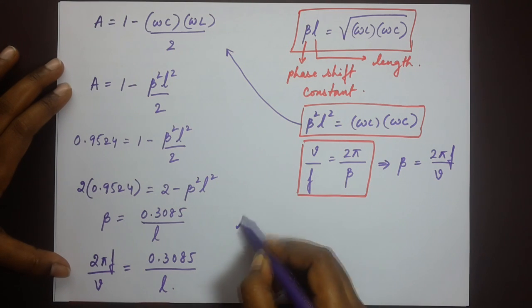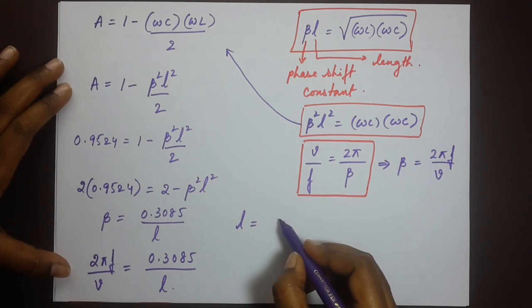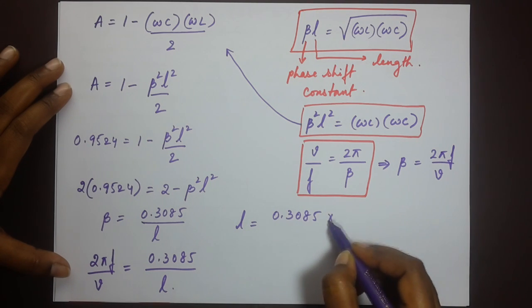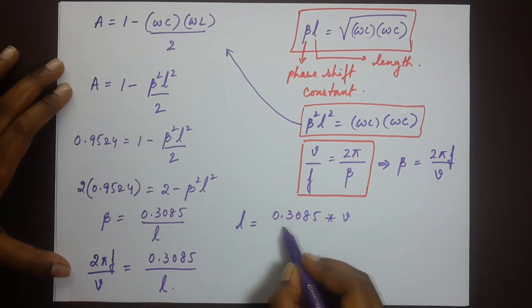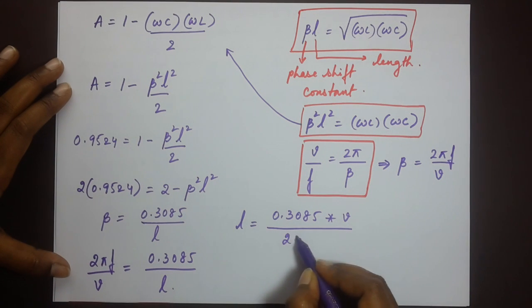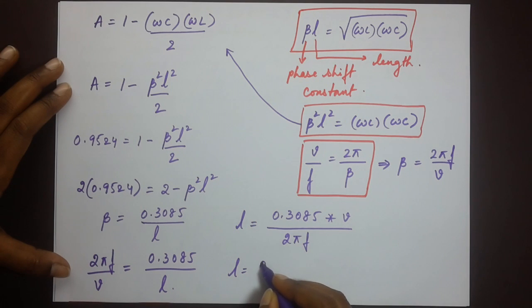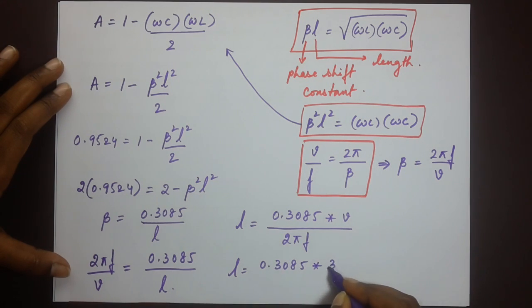Now let's find out what L is. I'll write that down here. L would be equal to 0.3085 into the velocity of light divided by 2 pi f, and that's 0.3085 into 3 into 10 power 8.